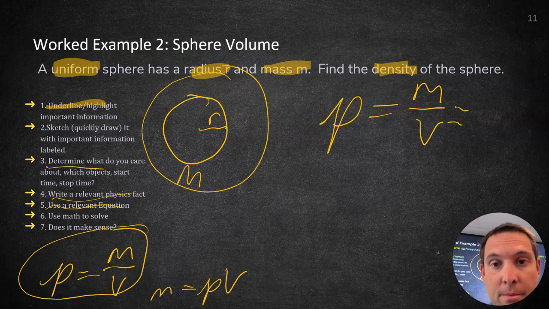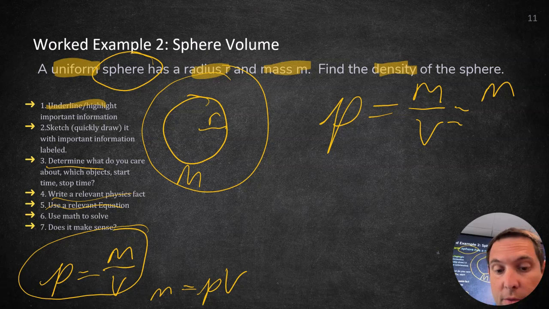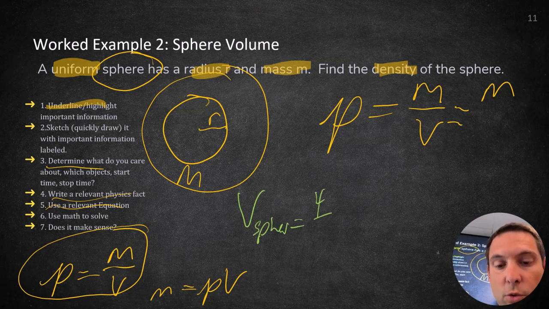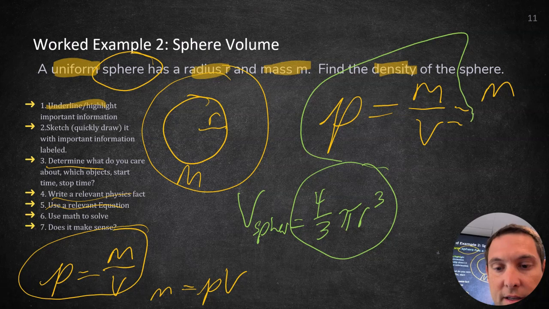we know our m is going to be m. The volume for a sphere, this is something we would need to have in our brains. Volume for a sphere is going to be 4/3 pi r cubed. What I want to do is take that and substitute it in for volume.